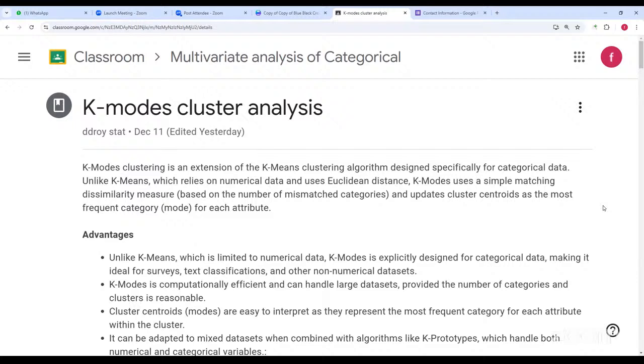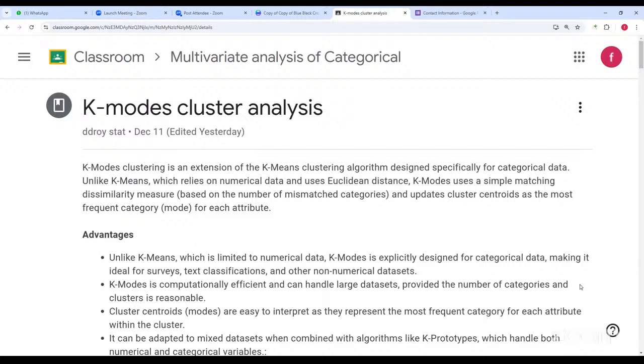Unlike K-means, which relies on numerical data and uses Euclidean distance, K-modes uses a simple matching dissimilarity measure based on the number of mismatched categories and updates cluster centroids as the most frequent category, the mode, for each attribute.